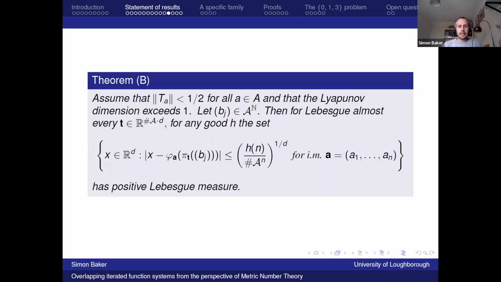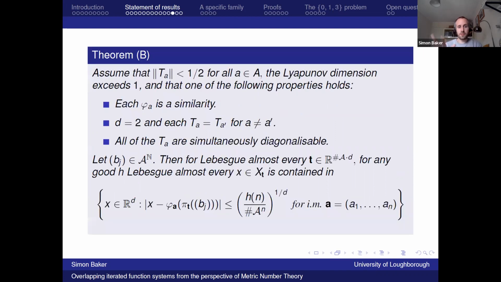Now it's natural to ask whether you can upgrade positive Lebesgue measure to almost every element in the invariant set. You can do this, but you need a bit more information, and that's the content of this slide. Essentially, you can go from positive Lebesgue measure to almost every point in your invariant set if you assume that each of your maps is a similarity.